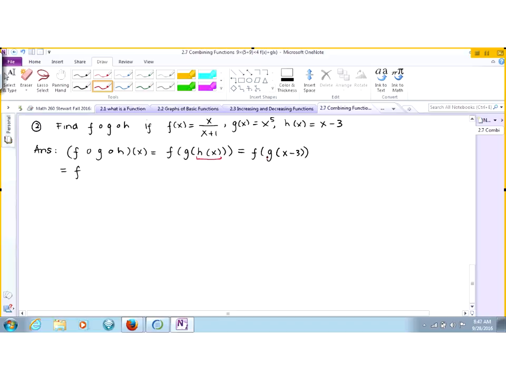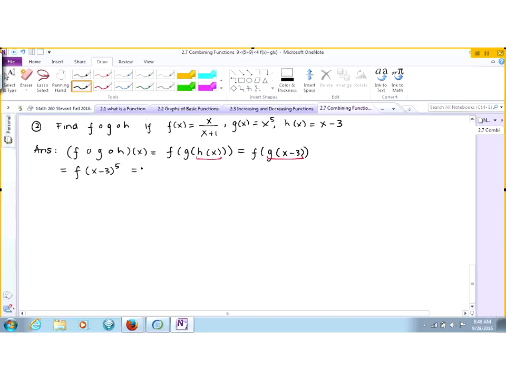Now, the next one is, what is g of x minus 3? So I don't evaluate f yet, so I'm leaving my f outside. So what is g of x minus 3? x minus 3 to the 5th. Yes, good.